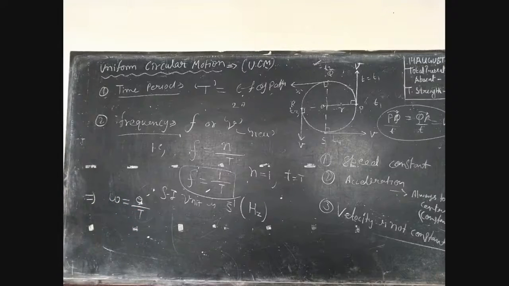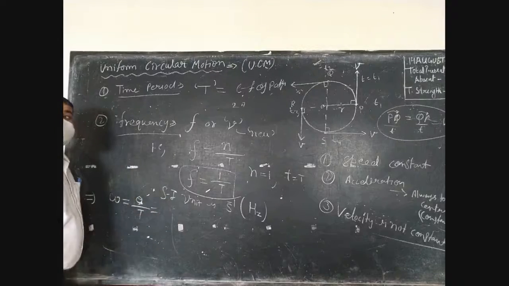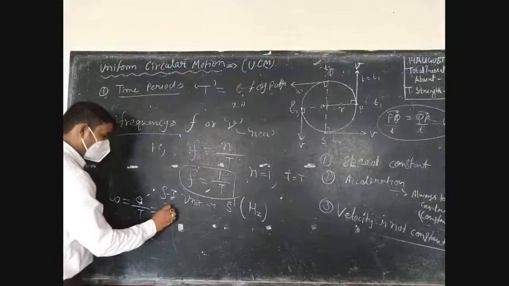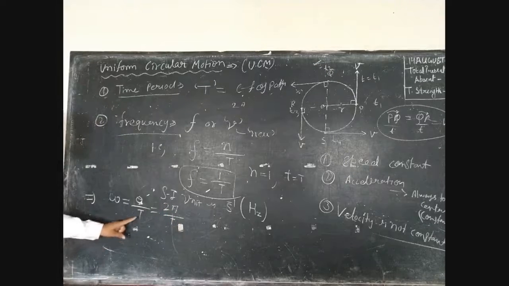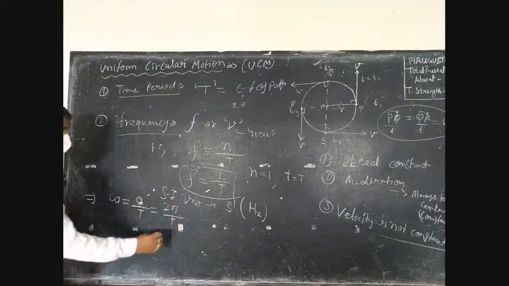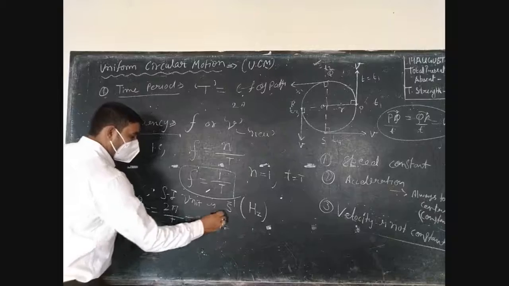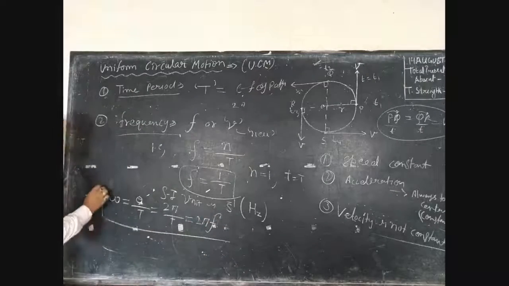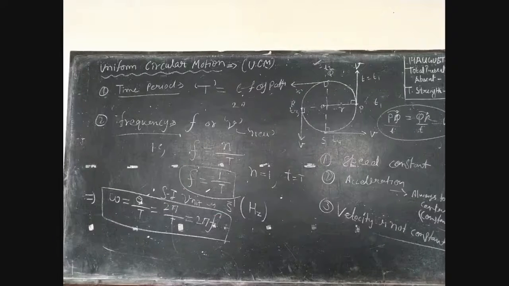And theta, the angle swept in one complete rotation, is equal to 2 pi, so omega is 2 pi upon T. And this 1 upon T is equal to frequency, so this is equal to 2 pi f. This is the relation between angular velocity, frequency and time period.